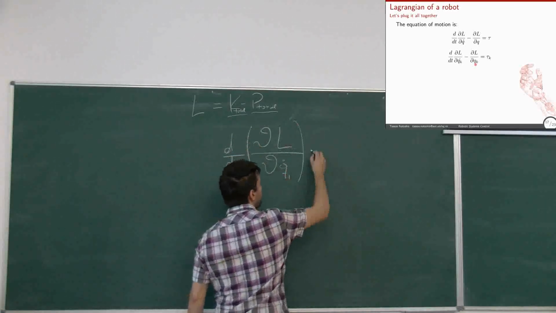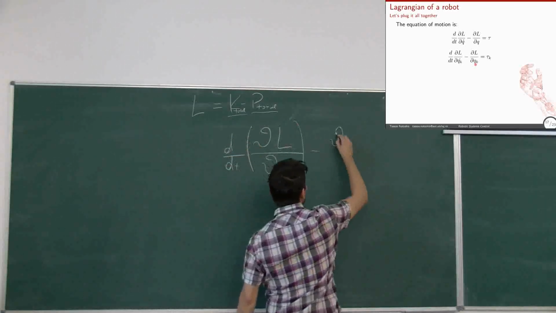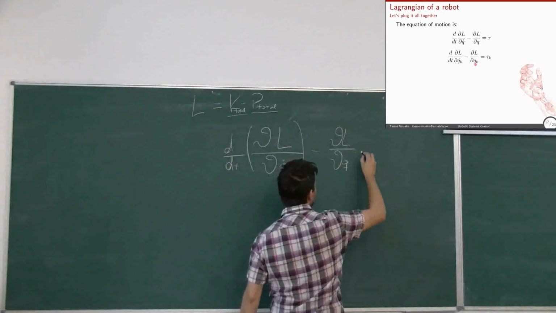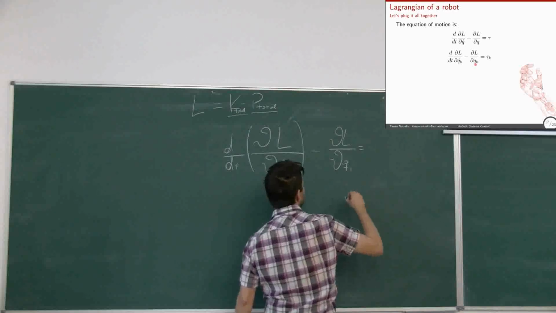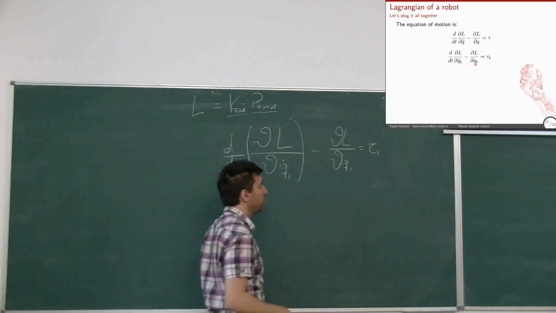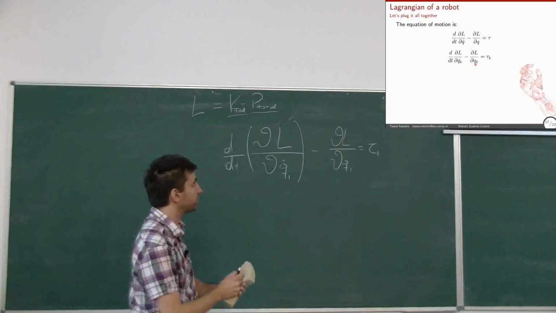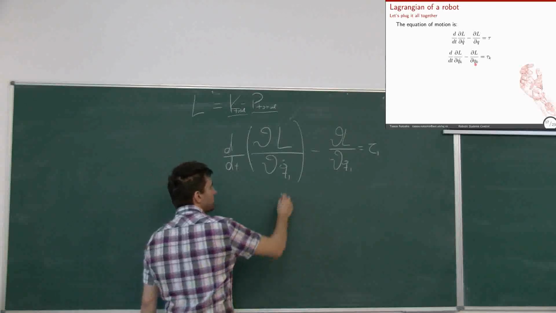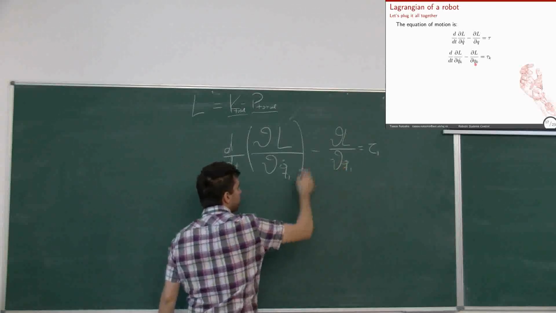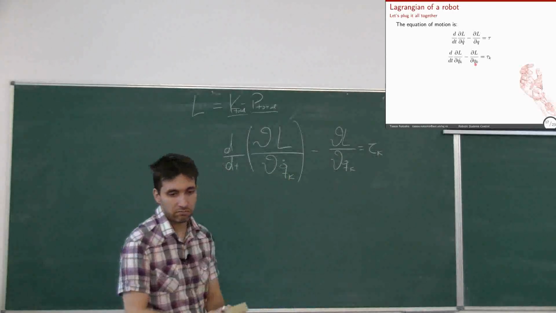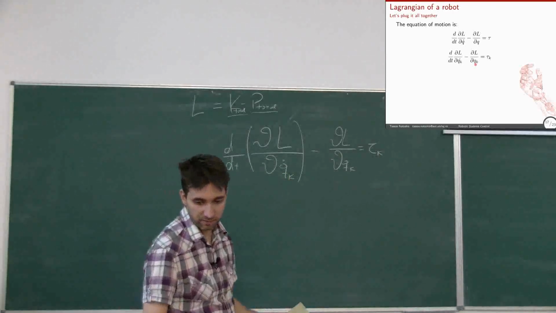Minus the partial derivative of the Lagrangian with q1, let's say. Okay, and this will give me the torque or the input force in that coordinate. Of course, this can be 2, 2, 2, 3, 3, 3. That's why I write kappa for a specific coordinate.